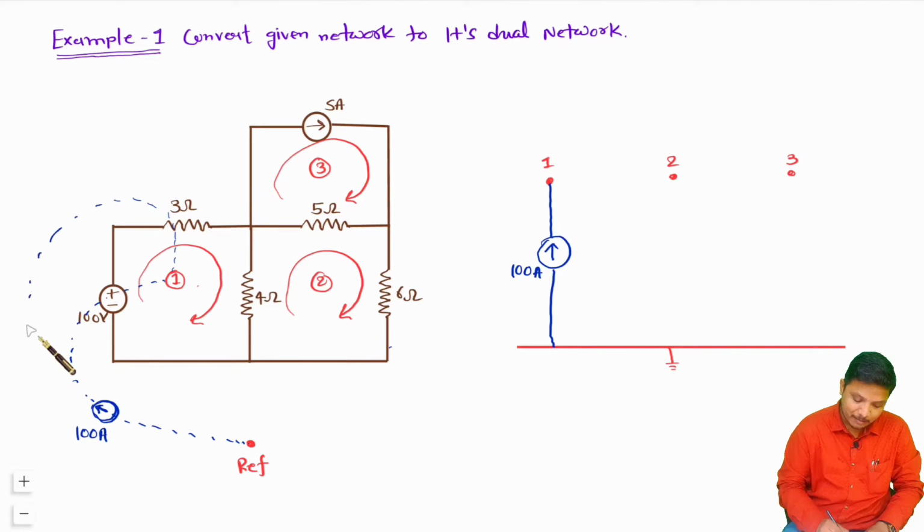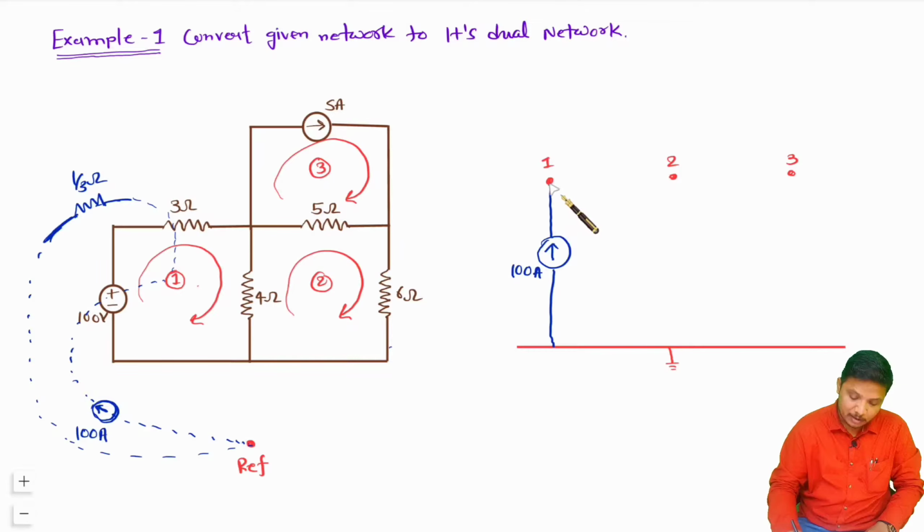As you can see, I am connecting it, and it will have a value of 1 by 3 ohm. So with respect to one node, I need to connect that to reference, and its value will be 1 by 3 ohm.